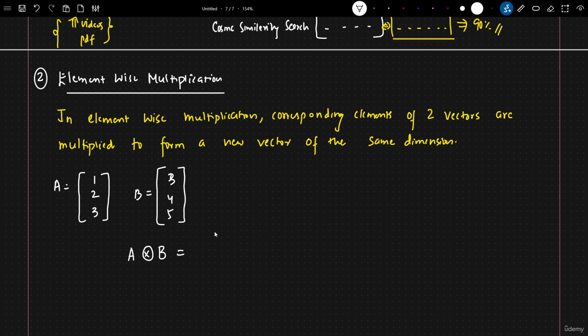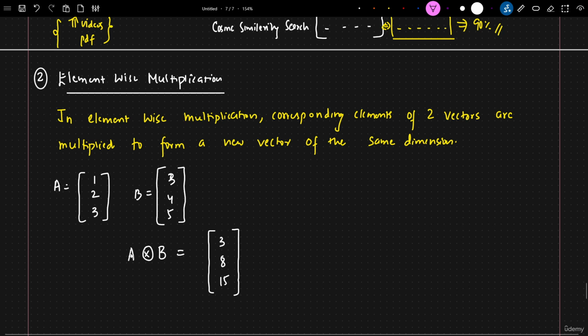Element-wise multiplication says that we just multiply the corresponding elements of the two vectors. In this case, for the x coordinate, 1 and 3, we multiply them, so this will be 3, 2 into 4 will be 8, and 3 into 5 will be 15. So this will be my output.